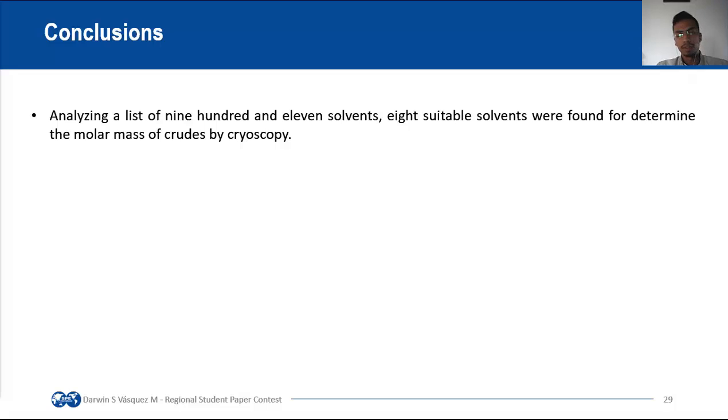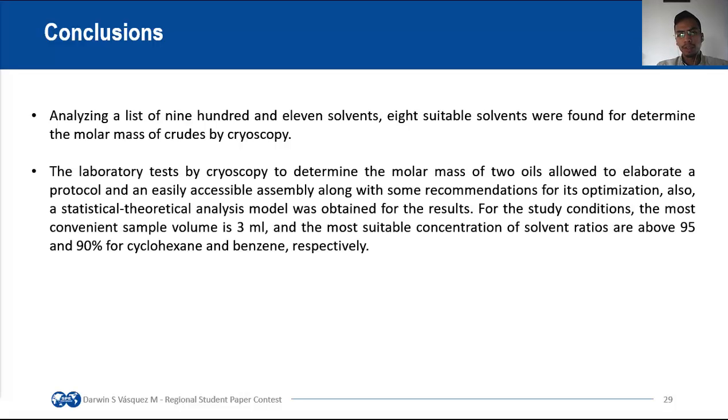For the conclusion, analyzing a list of 911 solvents, 8 suitable solvents were found to determine the molar mass of crude oils by cryoscopy. The laboratory test allowed elaborating a protocol and an easily accessible assembly along with some recommendations for its optimization.